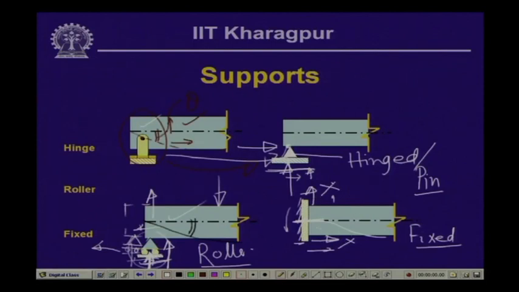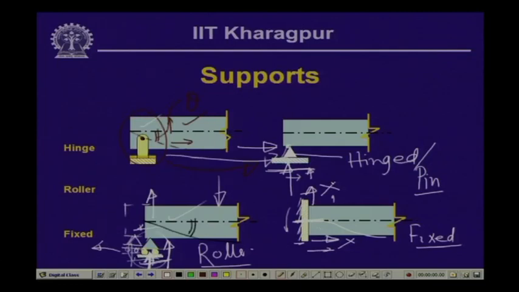Now, when these three motions are restricted, naturally corresponding to all these three motions we will have reactive forces. Since the vertical motion is constrained, there will be a vertical reaction. Since the horizontal movement is constrained, there will be a horizontal reaction, and since the rotation also is constrained, earlier it was allowed to rotate, now it has to be held back. So, there will be a couple or a moment acting at the support.